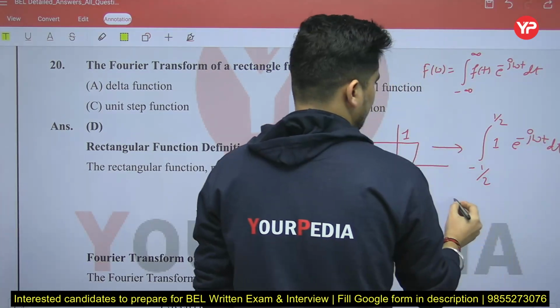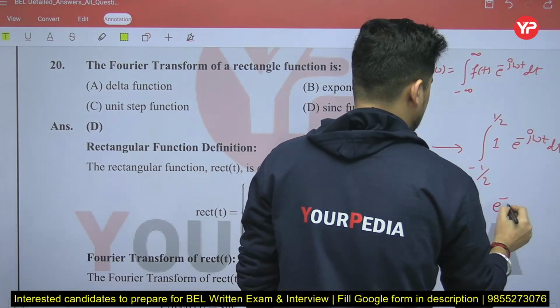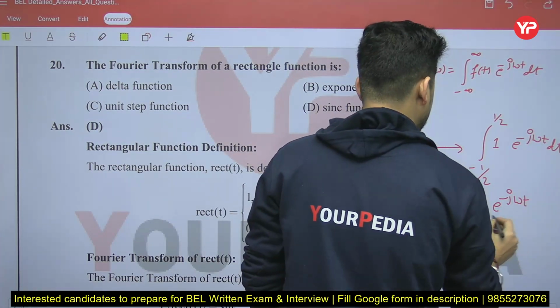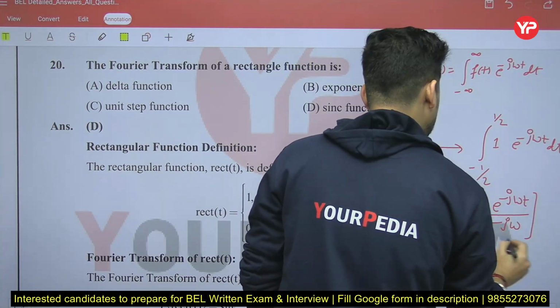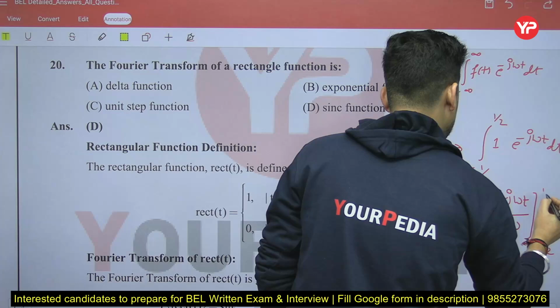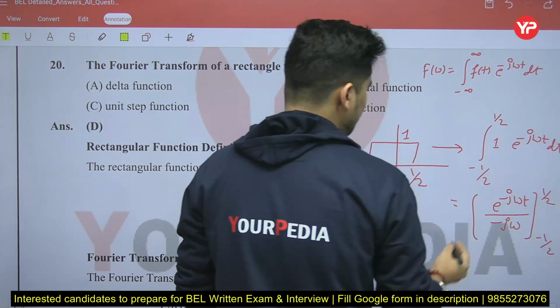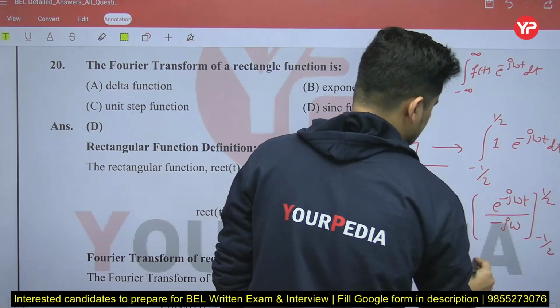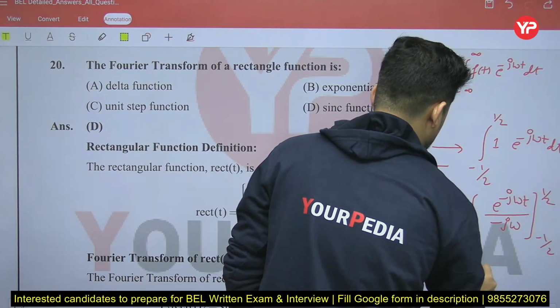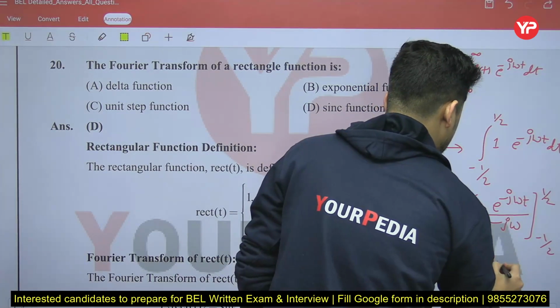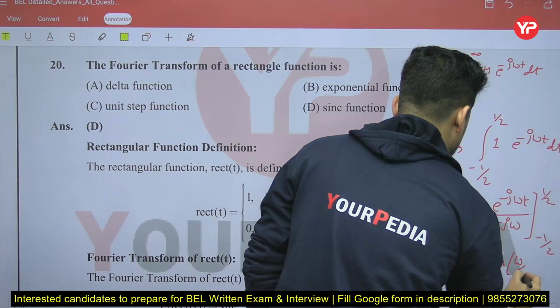So when you calculate it, it will be e raised to the power minus j omega t divided by minus j omega. That will be the limit from -1/2 to 1/2, and we will plug in the values here. So minus will be combined above, that will be 2 upon omega sine of omega by 2.